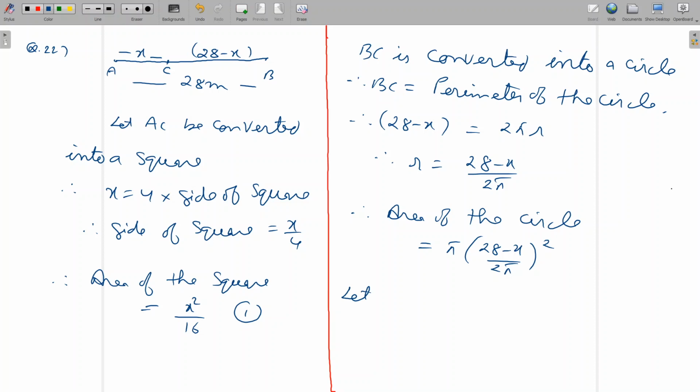Let A equal the combined area of the square and circle.